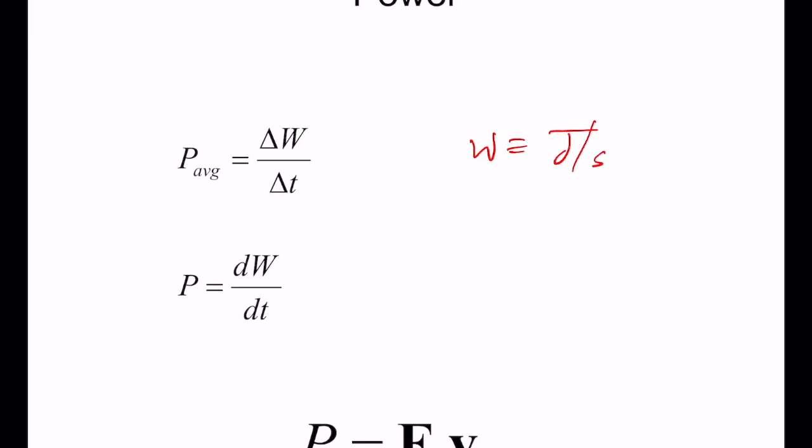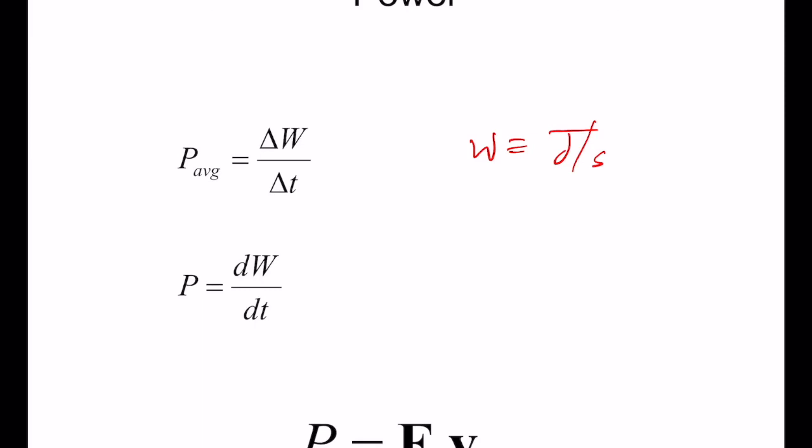Sometimes we are more interested in the instantaneous power rather than the average power. Instantaneous quantity just means that you want to know the power not over a large interval of, say, 2 seconds or 10 seconds, but at a particular moment in time.